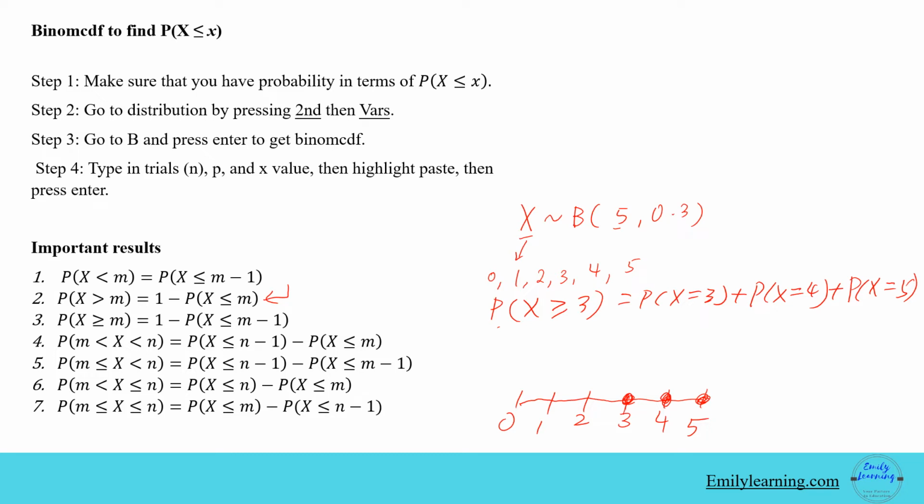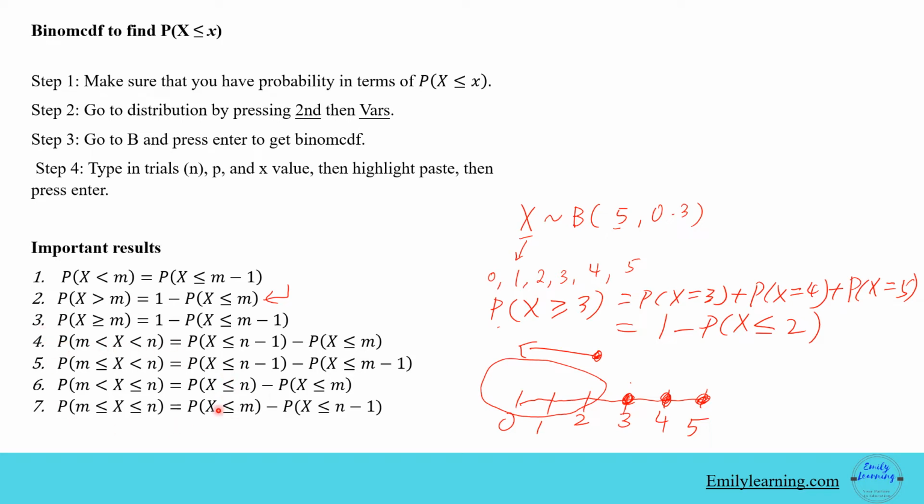Very tedious. We try to minimize typing because time is a limited resource for your H2 exam. So what you'll do is, I need to go from 3 to 5, right? That means I'll take 1 minus lesser than or equals to 2. So 1 minus P of X lesser than or equals to 2. All right, next, let's look at other examples when we have in between.